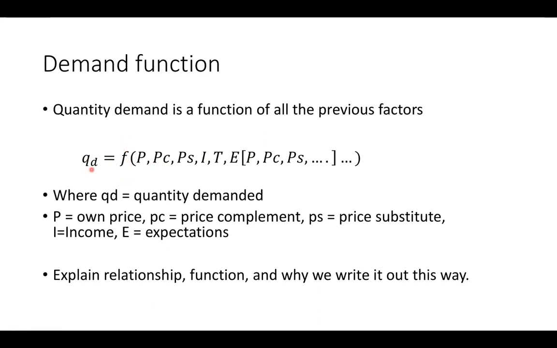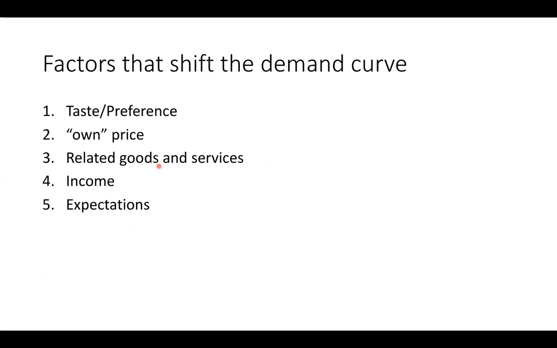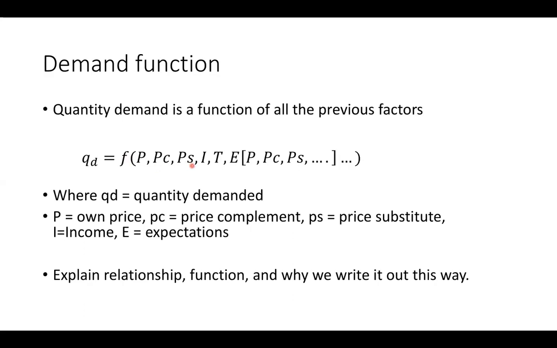So let's start over. Quantity demanded equals some function of price of complement goods, price of substitute goods, income, taste, and then once again, those expectations of all of the factors, and then other factors that may not have been mentioned.